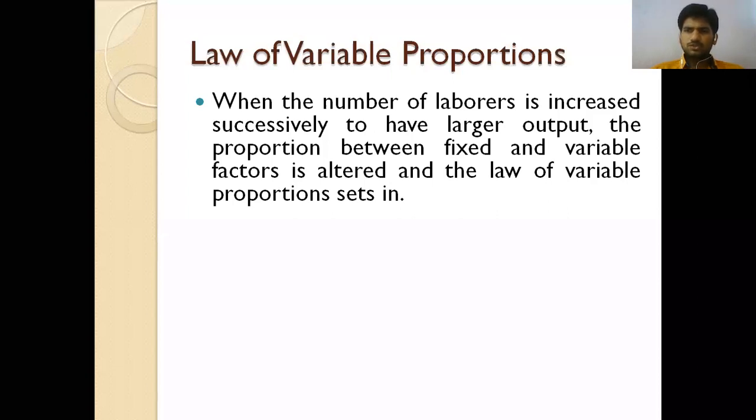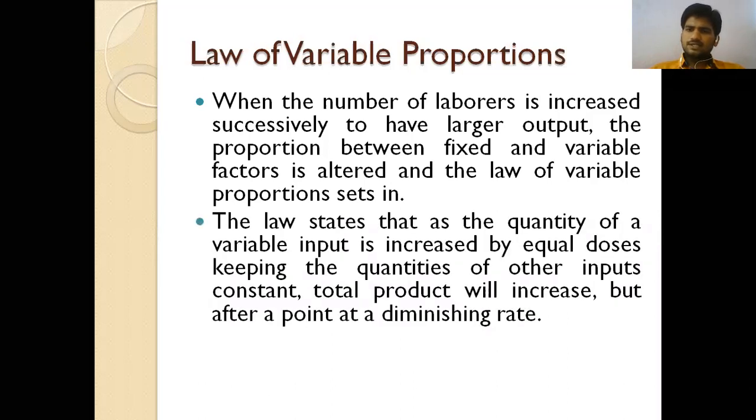We are going to substitute the inputs. In the fixed one, we are not going to change or substitute anything. If the number of laborers is increased in two different processes, the larger output is taken. So at this particular time, again the law of variable proportion is going to be applied.